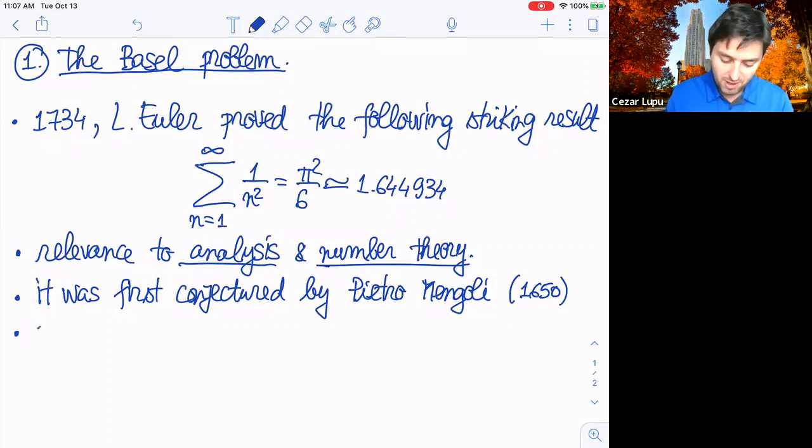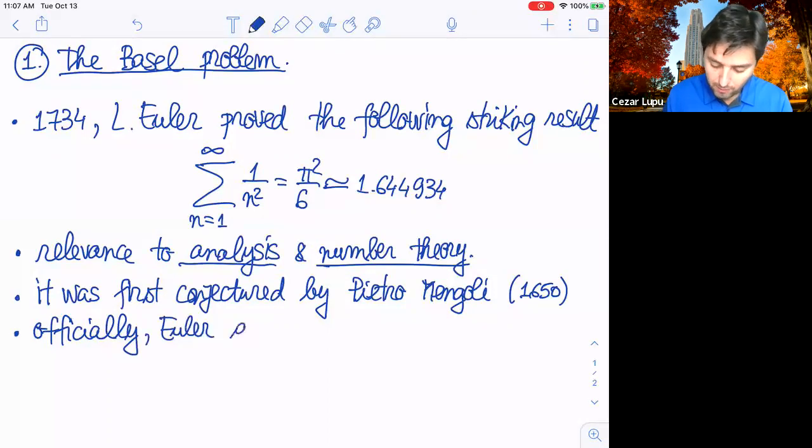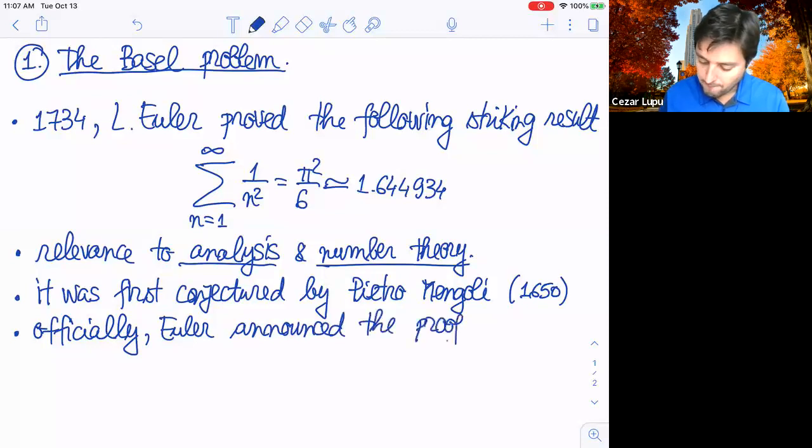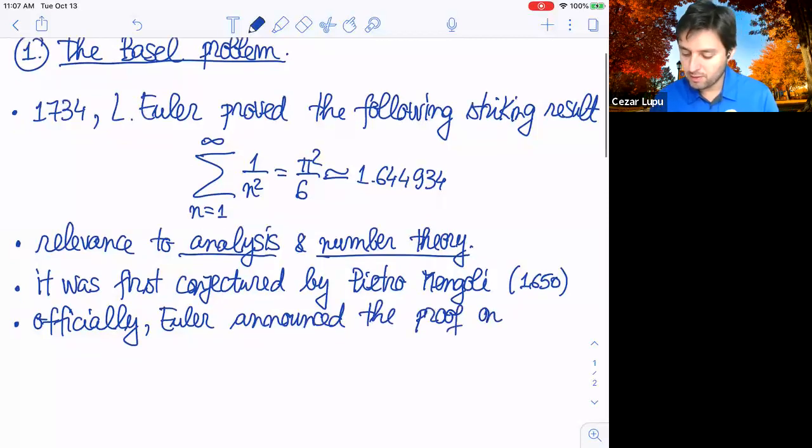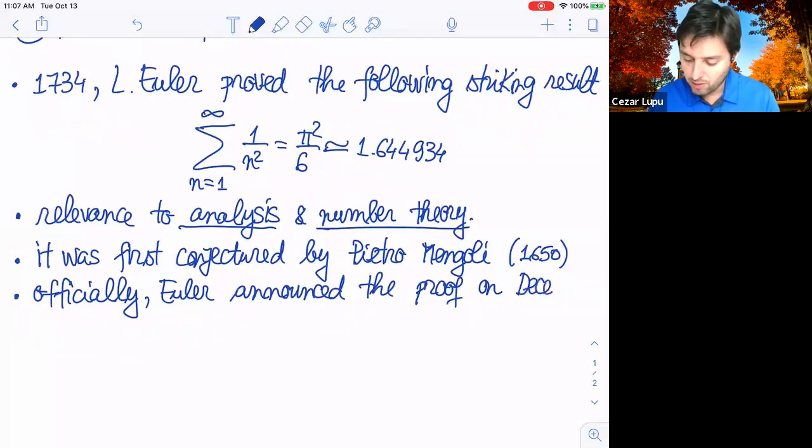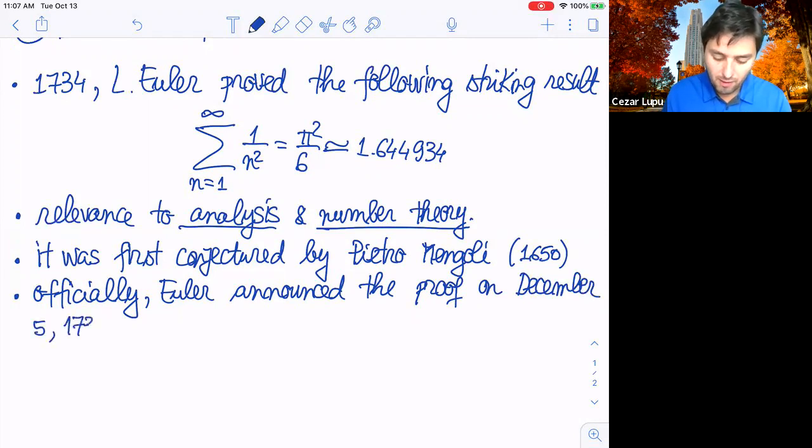But officially, Euler announced the result on December 5th, 1 year later, 1735.